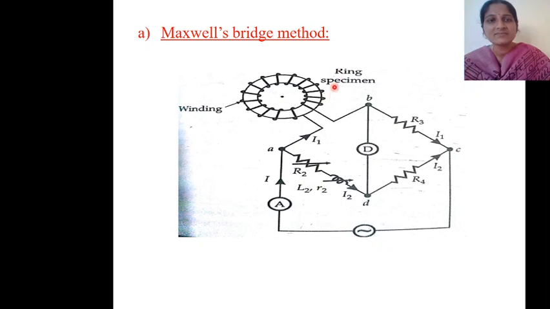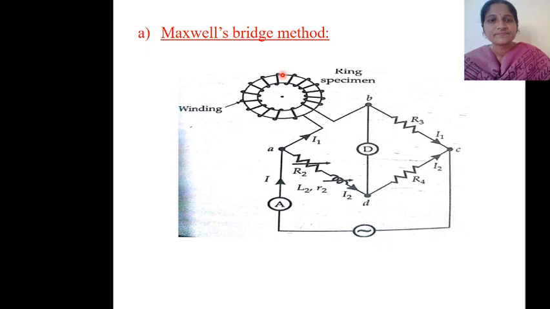In this Maxwell's bridge method, we have studied these AC bridges earlier in the previous chapters. The bridge consists of four arms. In the first arm you will be connecting the unknown inductance and resistance, and in the remaining arms you can connect the standard values and variable values.